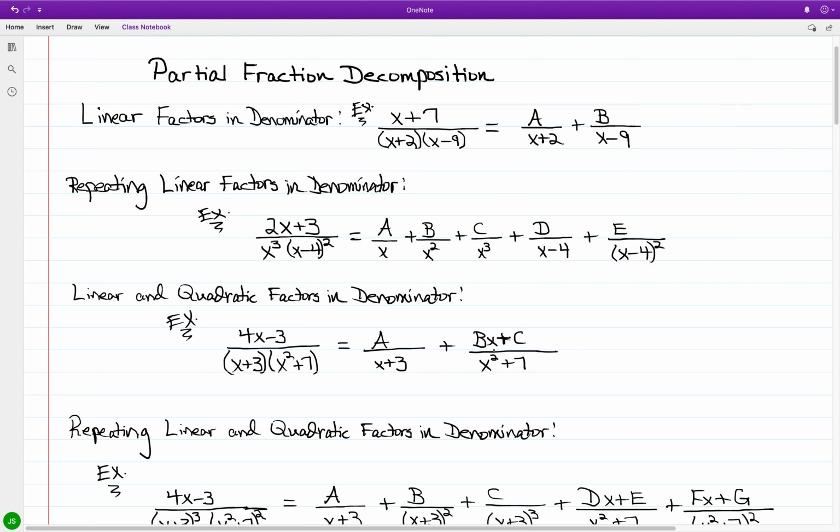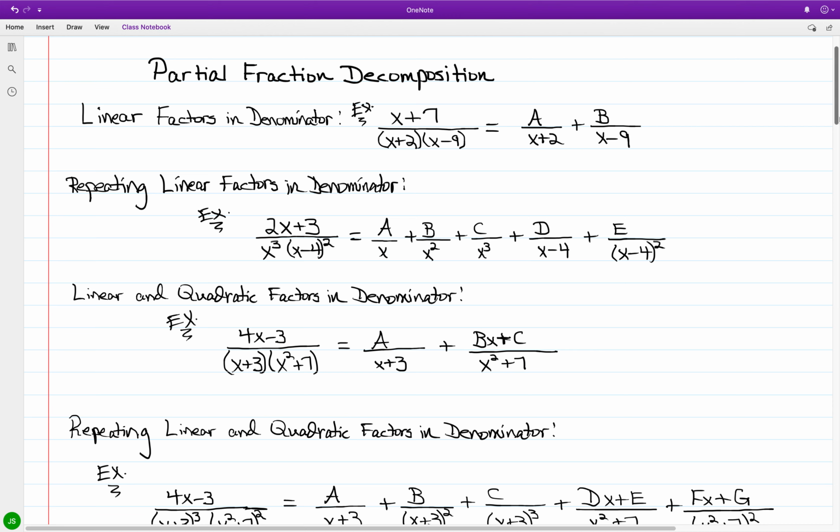So in the numerator, we're going to have not just a constant, but an x term. In this particular case, you have 1 degree less than x squared, which would be x, so we have bx plus c. So in the numerator, you're going all the way down to a constant, but the higher order term is going to be 1 degree less than the highest degree term in the denominator.